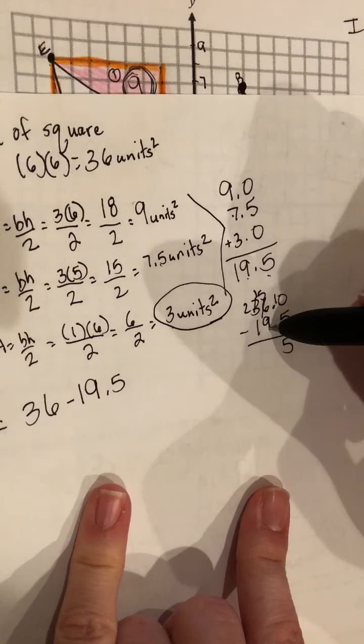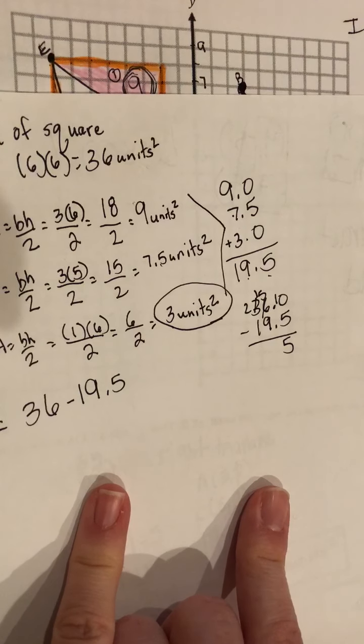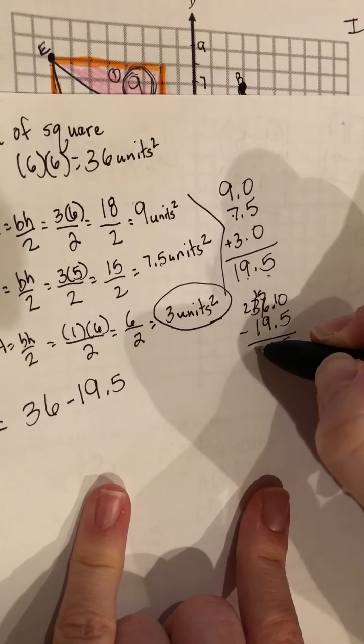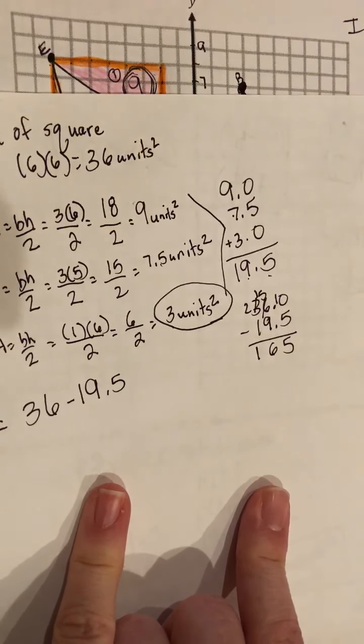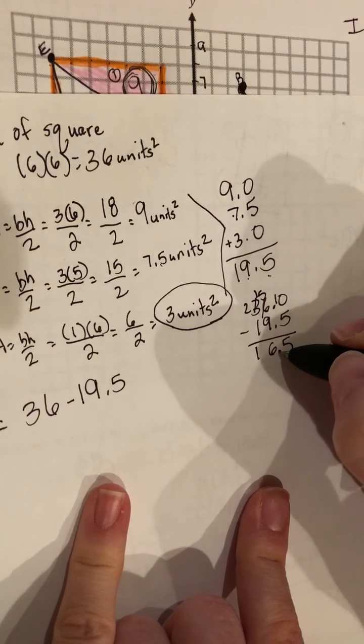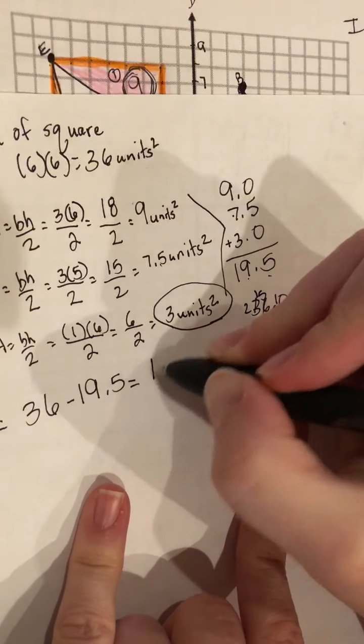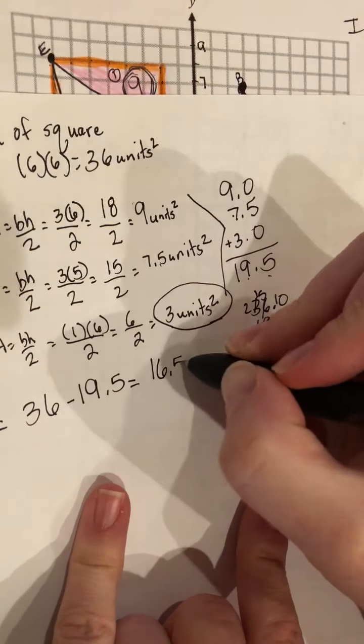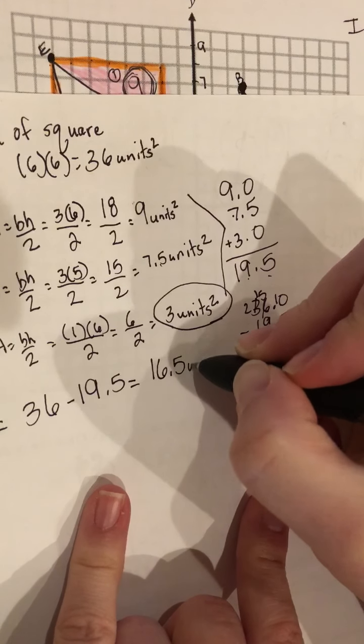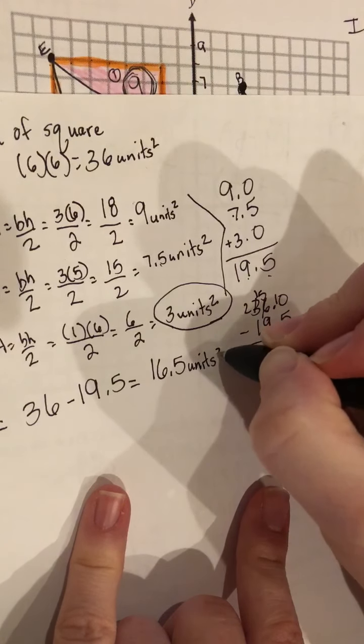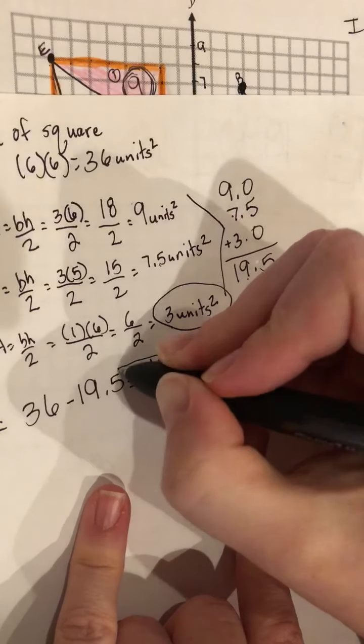And 15 minus 9 is 6 and 1. Bring the decimal straight down. So the area is 16 and 5/10 units squared.